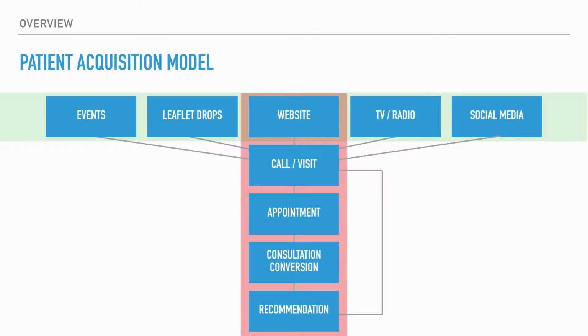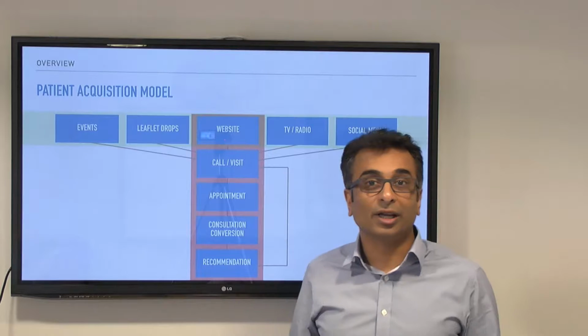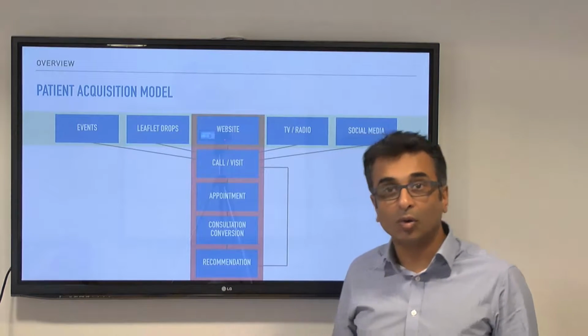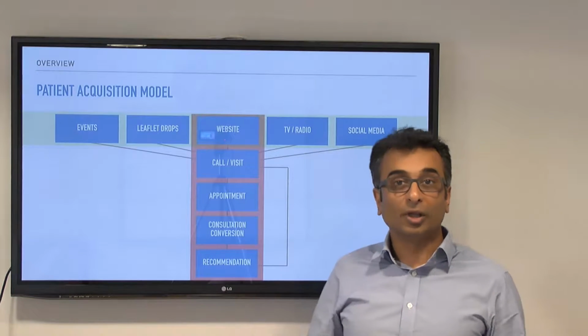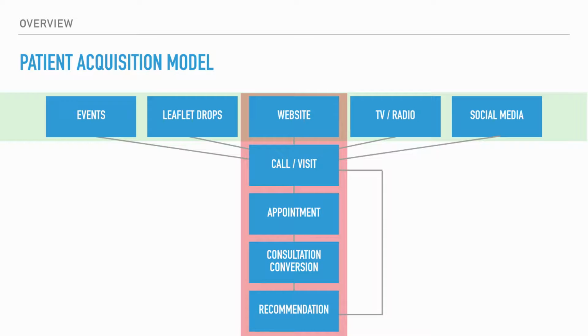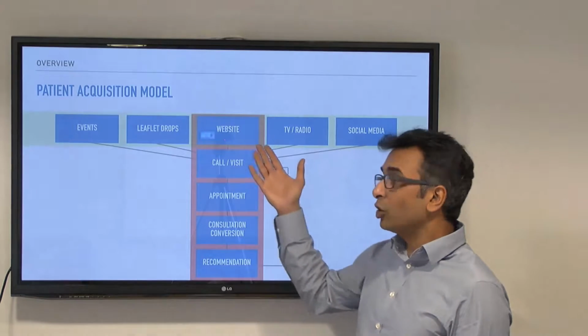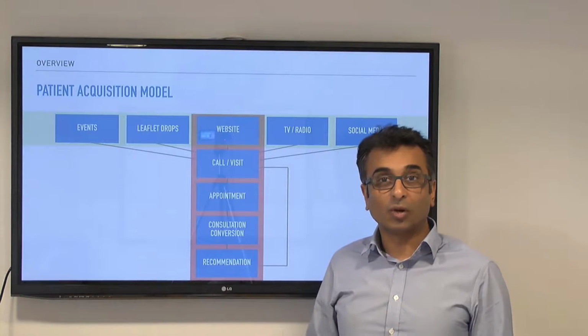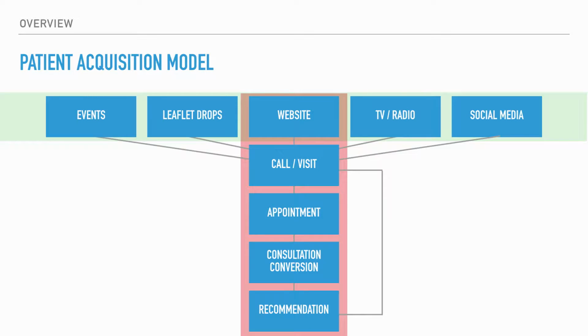If you're offering refractive surgery, then people will probably not walk in and inquire about it. What's more likely to happen is that they will call either a call center or call you, or visit your website and then make that all-important call. That could be defined as one such goal, getting a consumer to make that call, and that might be one determination of the success of your marketing campaign.